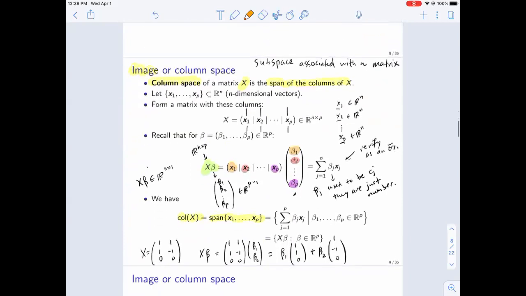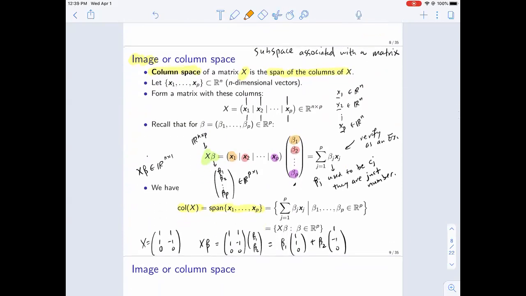And then we moved on to the idea of a column space. You have a matrix, and the matrix has a bunch of columns, x1 up to xp, and each column has n elements. So each column is a vector of size n, and they're all in Rn.